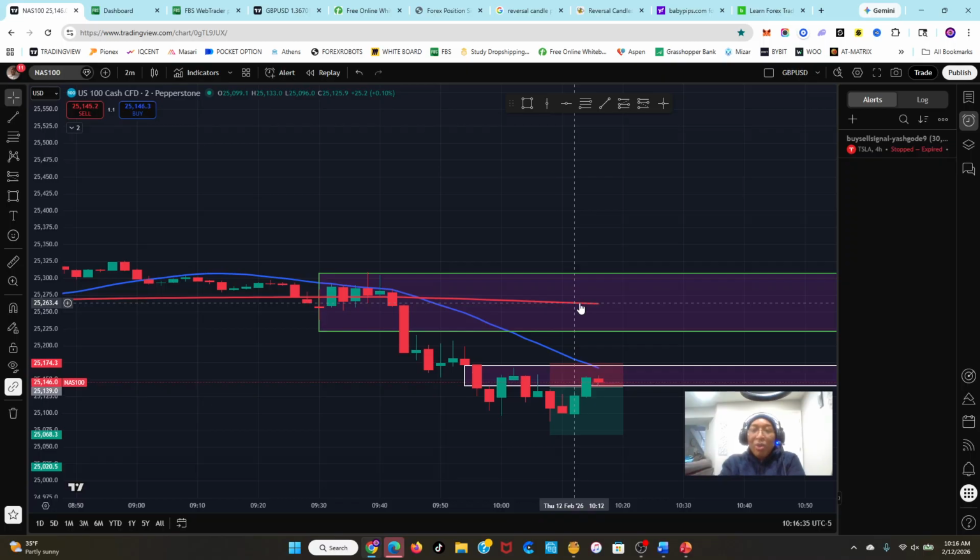So just follow your rules. The rules are clear. If we take 1 trade and we win the trade, we leave the market. If we lose, you have a chance of taking a second trade. If you lose that one, then you have to leave the market and trade the next day, using the same strategy.